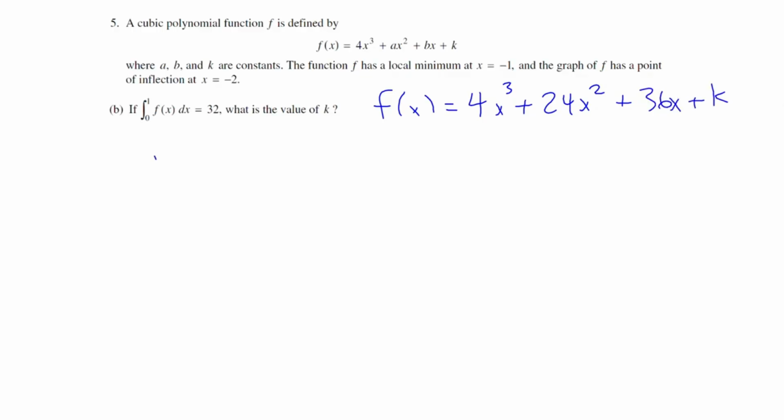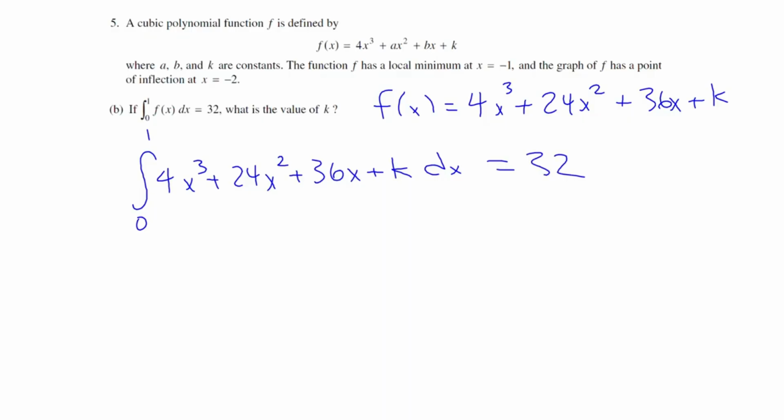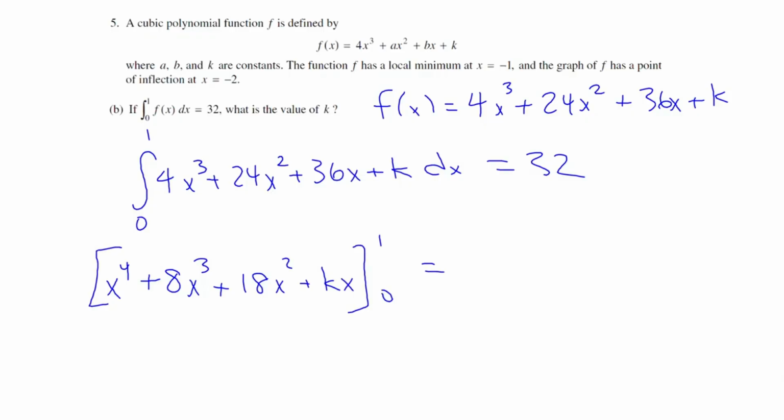So the integral from 0 to 1 of 4x cubed plus 24x squared plus 36x plus k dx needs to equal 32. Well, the integral there is x to the 4th plus 8x cubed plus 18x squared plus kx. And we're going to evaluate that from 0 to 1, and it should equal 32.